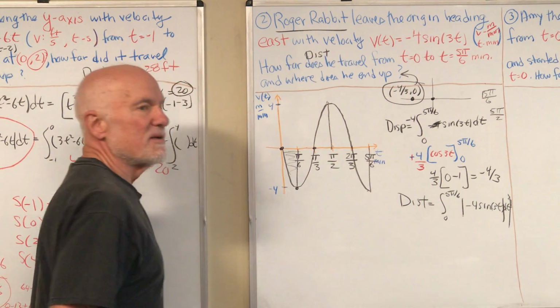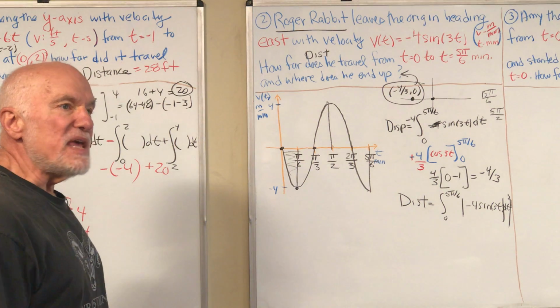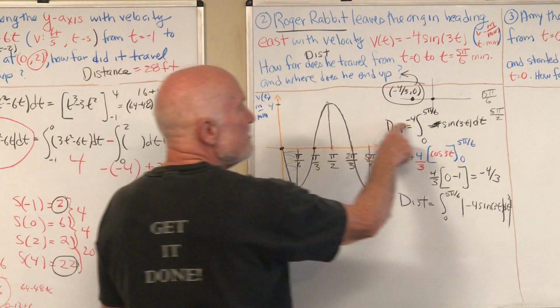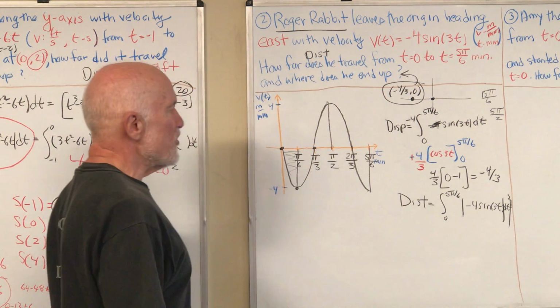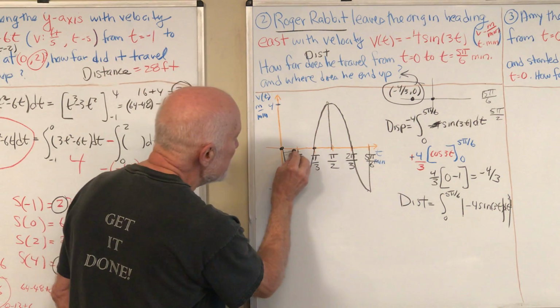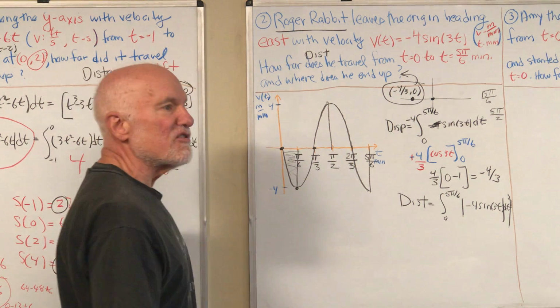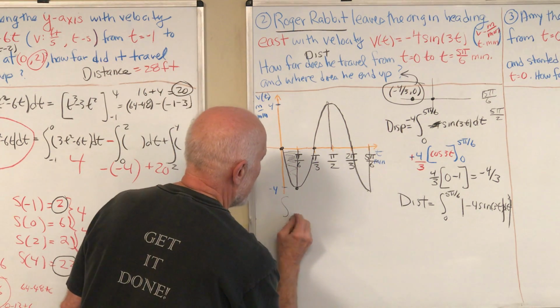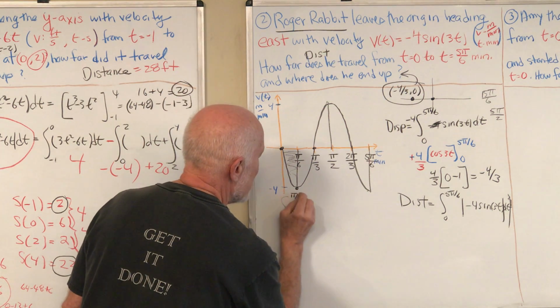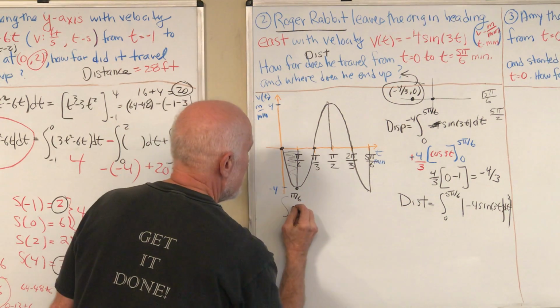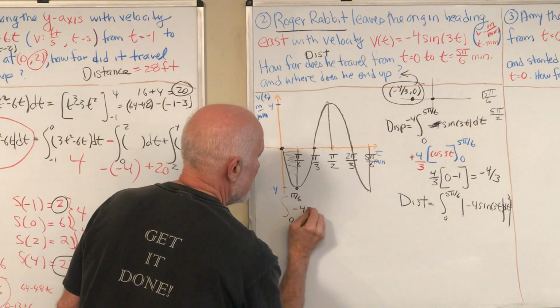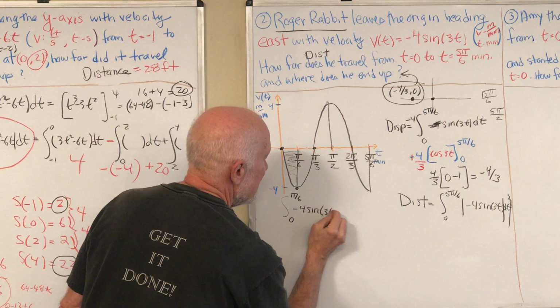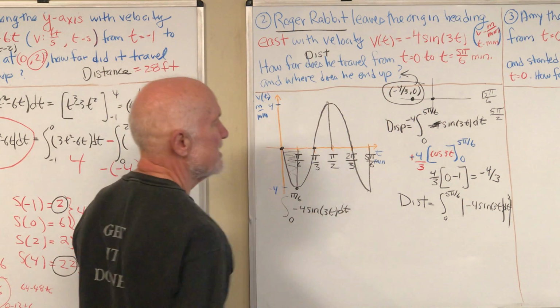are the same. So if it were me doing this problem, I wouldn't have even done this first one. I would have just found the area in this first little section. I would have taken the integral from 0 to pi over 6 of minus 4 sine of 3t dt.